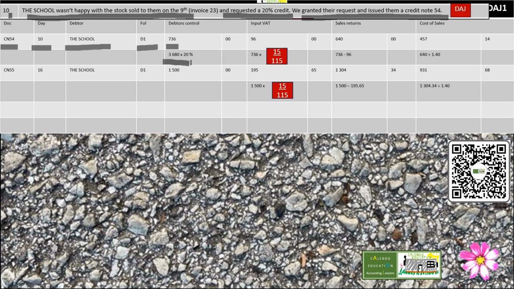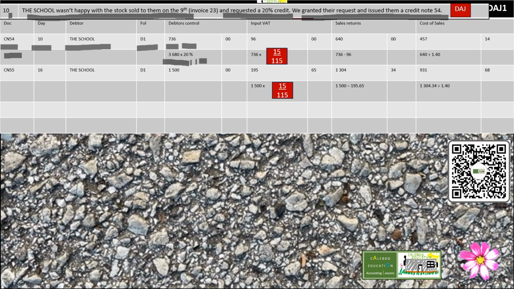And we are agreeing to give the school a 20% rebate, because we issued them a credit note 54, saying that we're going to credit their account. So the amount is 3680 multiplied by 20%, which is 736.